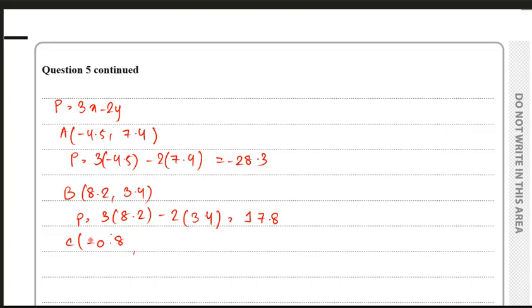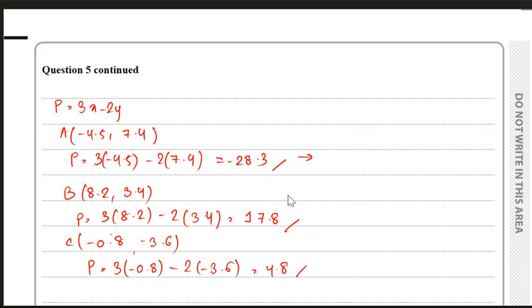If you put this in p, so 3 multiplied by negative 0.8 minus 2 multiplied by negative 3.6. So this is going to be 4.8. So you got negative 28.3, positive 17.8 and 4.8.